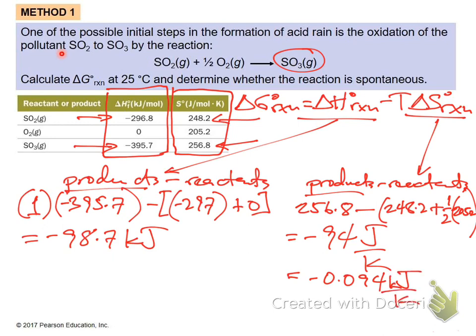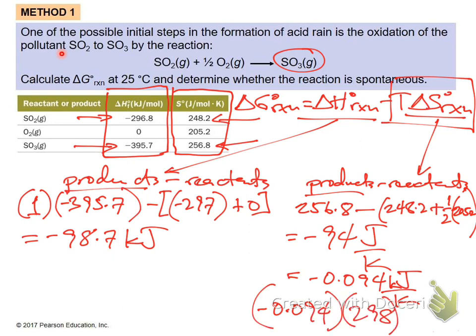And we're supposed to multiply this by the temperature, because this is temperature times delta S of reaction. Our temperature here is 25 degrees Celsius. To convert that to kelvins, we have 298. So that's negative 0.094 times 298, and that would give us negative 28.01.